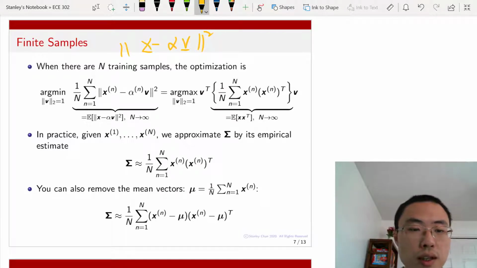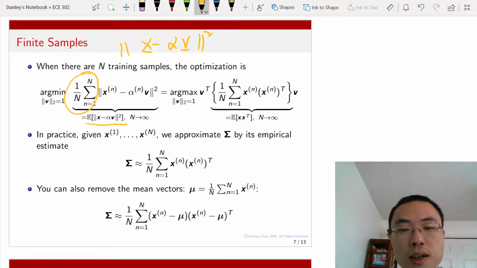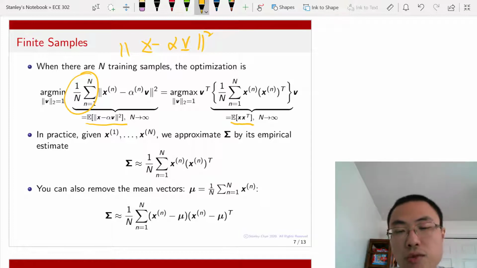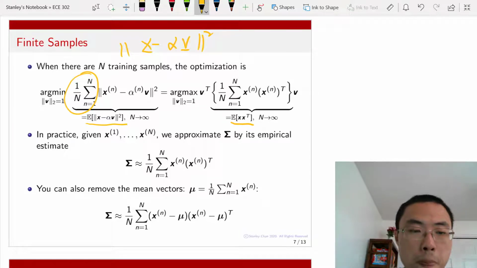You're taking this finite average, and we know that the average is approximately equal to the expectation, and therefore the expectation will really tell us about this matrix inside, which is x x transpose. So in practice, you can approximate the sigma by this empirical estimate, which is this term.